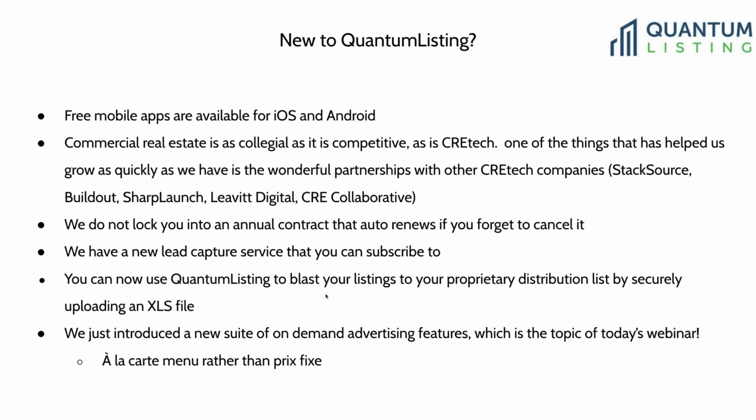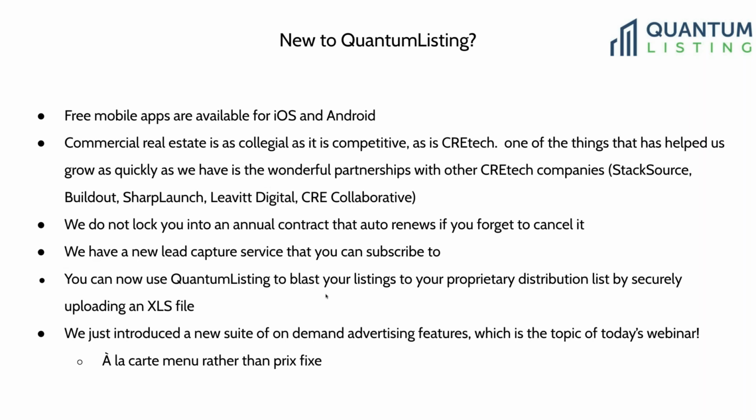And so I mentioned before our partnerships with Buildout and SharpLaunch. We also have partnerships with StackSource, which people can click on a button on for sale listings and try to get information on potential lenders for their properties or the things that they're going to buy.